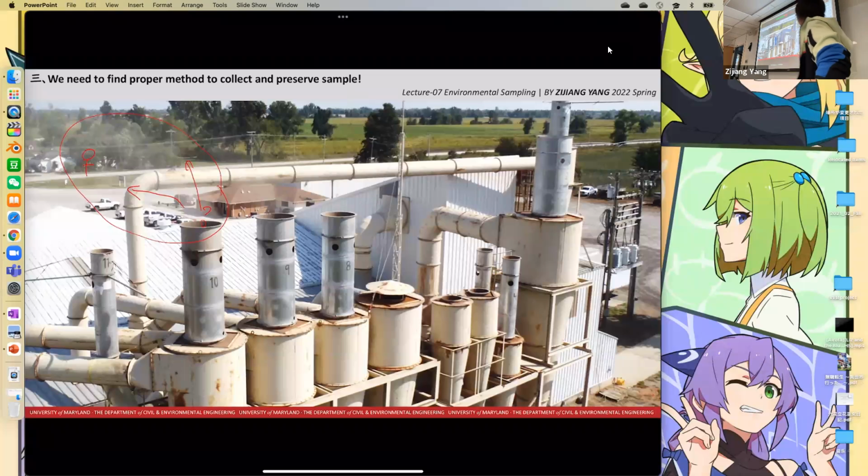Yes, like this one. We have some samplers because sometimes we are interested in the outflow concentration, so we can do the modeling of the source strength. In this case, we have some other samplers here to collect all of the samples.